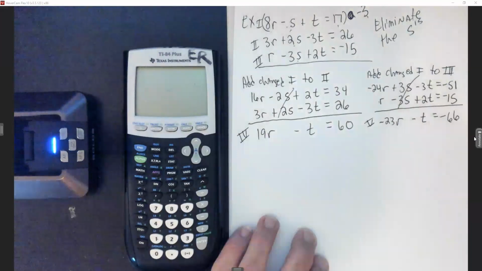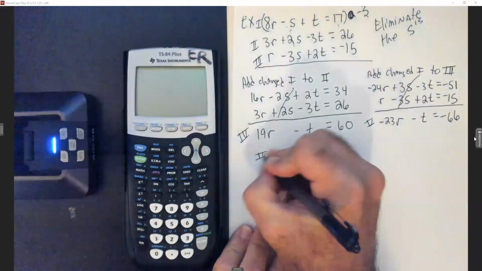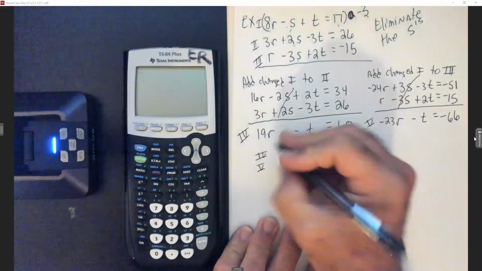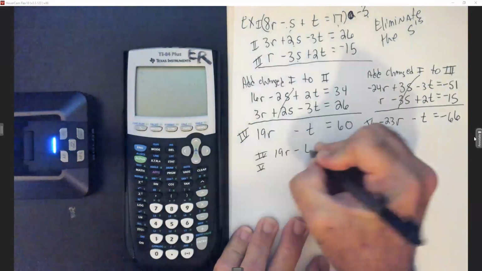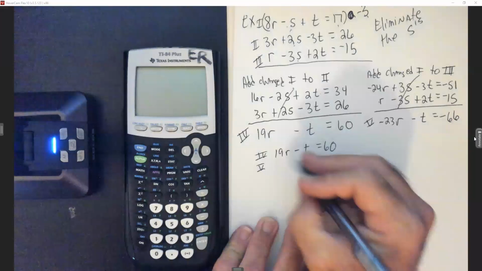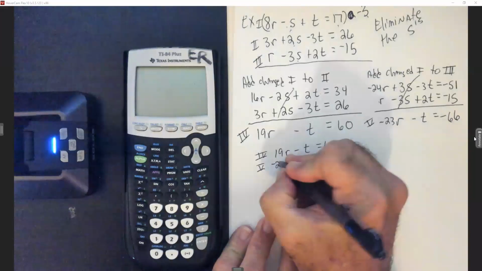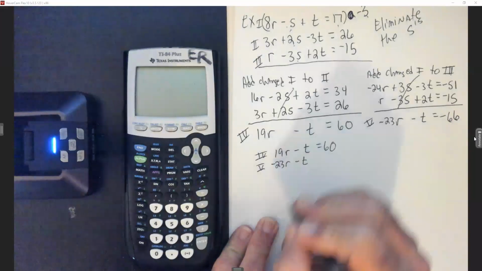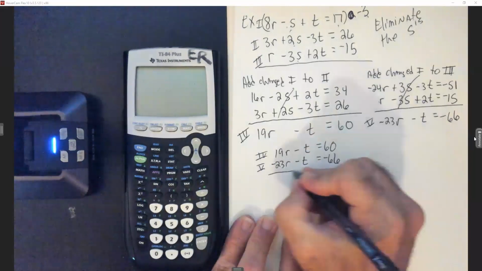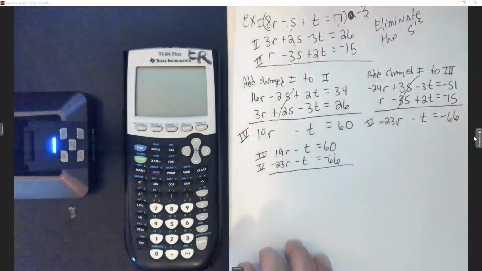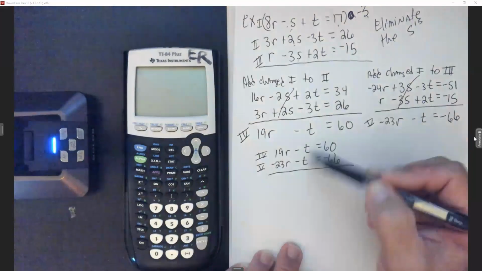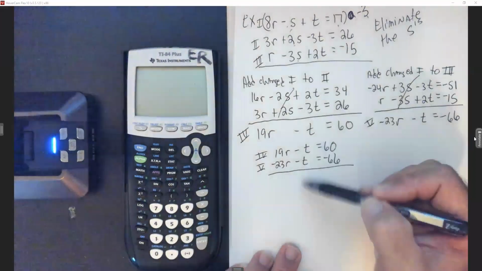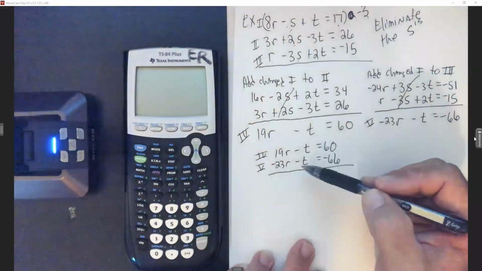So y'all, let me bring them two together. Here's 4 and 5. 19r minus t equaled 60. Negative 23r minus t equals negative 66. So it looks like I'm going to get rid of the t's here. But in order to get rid of the t's, I got to multiply one of these by a negative.